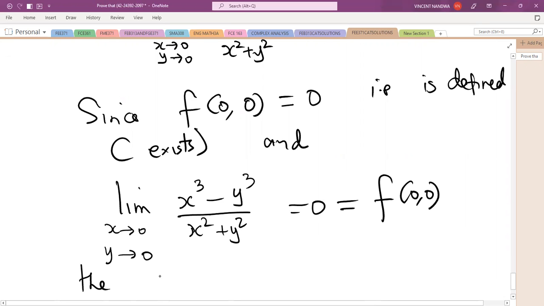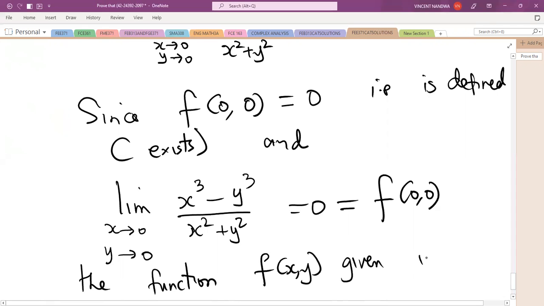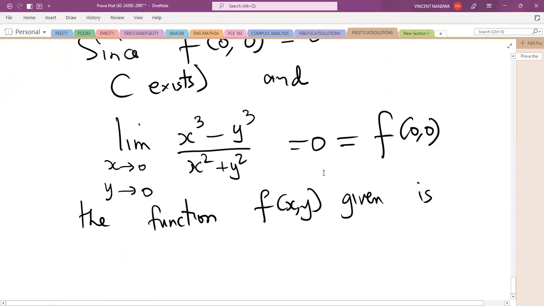The function f of x, y given is continuous at the point 0, 0.